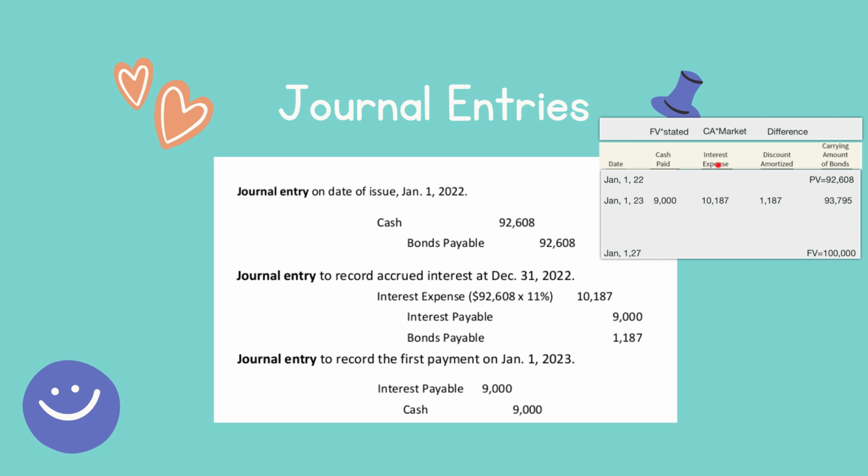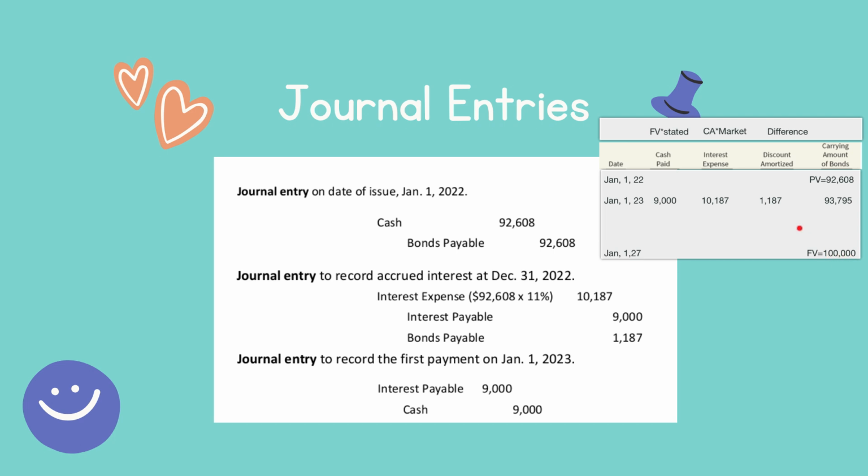Okay. Interest expense, how do we calculate this one? We take the carrying amount, which is here, we take this one and we multiply it with the market rate, which is 11%. So this one will change. Why? Because the carrying amount is changing. But the face value is fixed. It's 100,000.